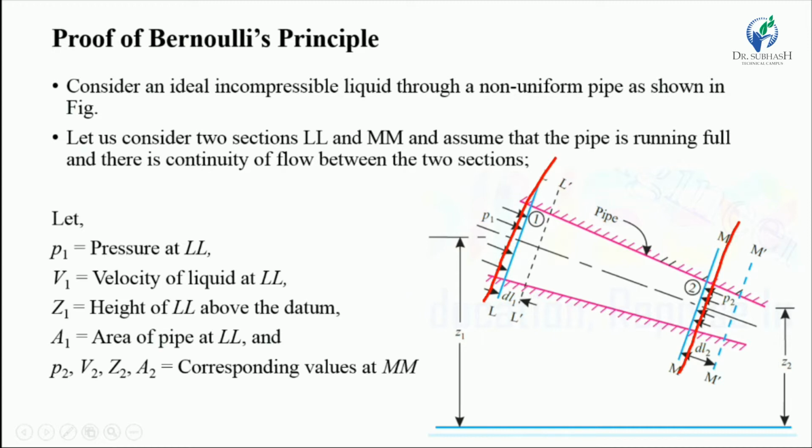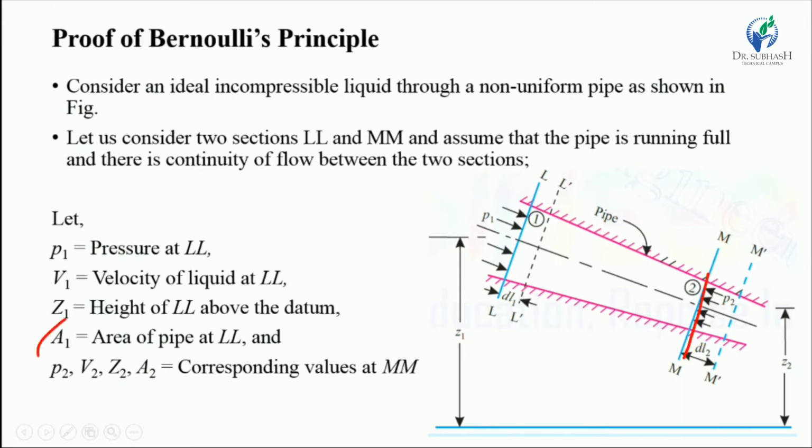P1, V1 are the pressure and velocity at section LL. Similarly, P2 and V2 are the pressure and velocity at section MM. Z1 is the datum height of the pipe center at section LL. Similarly, Z2 is the datum height of the pipe center at section MM.